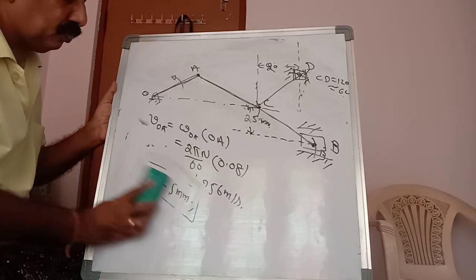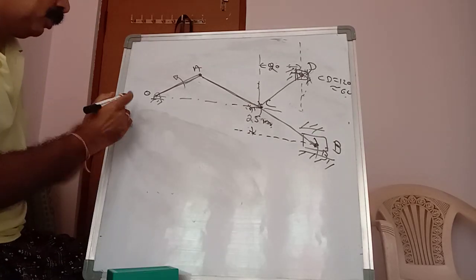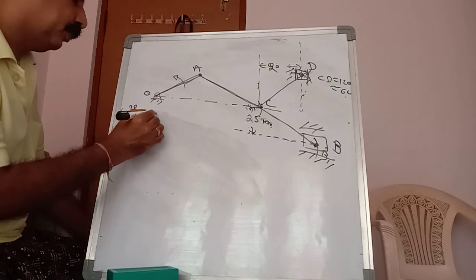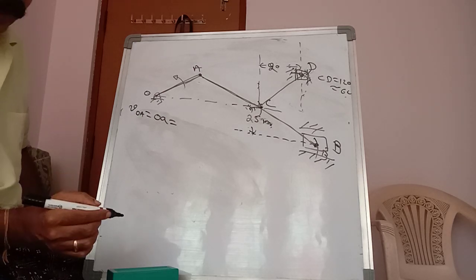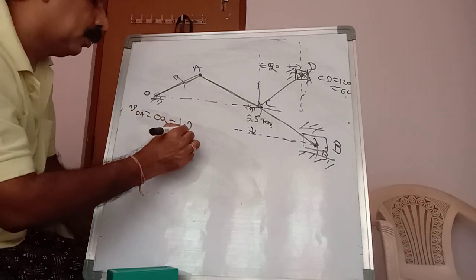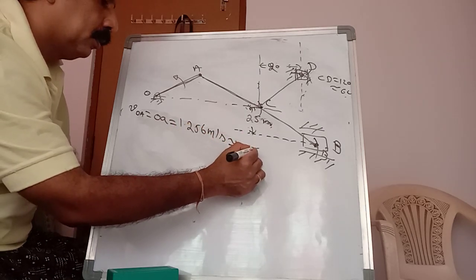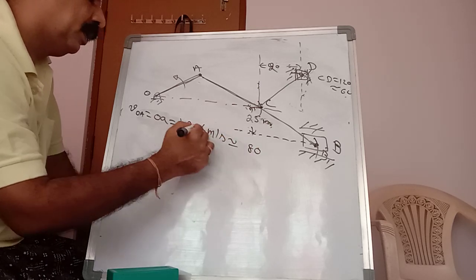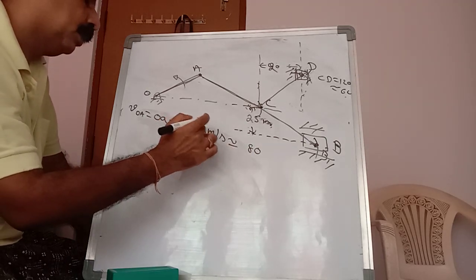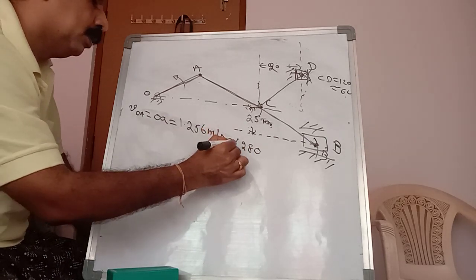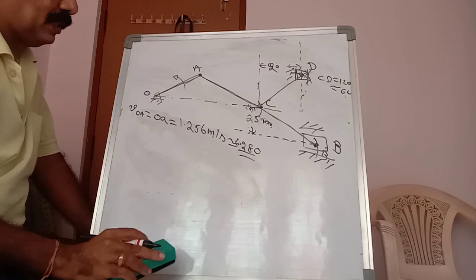VOA, which is equal to 1.256 meter per second, multiplied by 5, gives 6.280 mm. So 6.280 mm is the oa length as per scale.